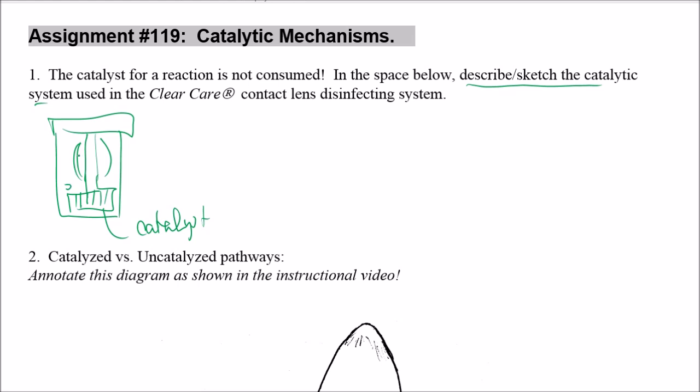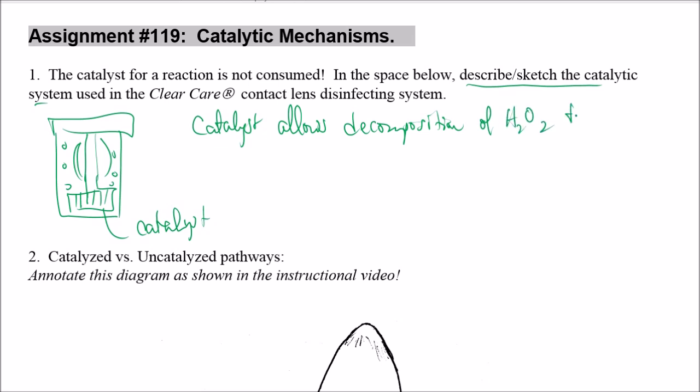And you saw that the bubbles form on the catalyst. So put some bubbles in your picture. The catalyst allows the decomposition of H2O2, the hydrogen peroxide, to occur at room temperature.